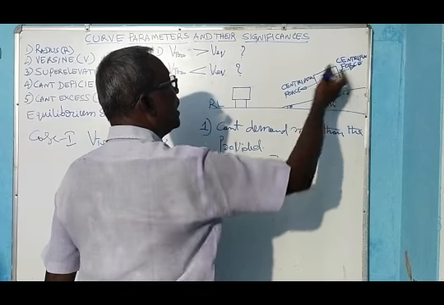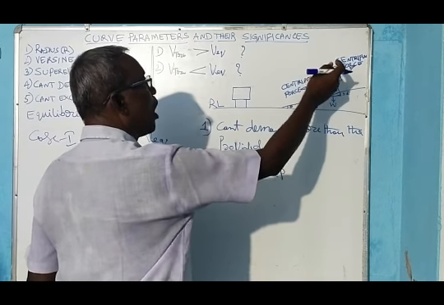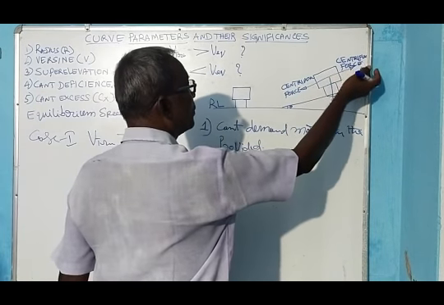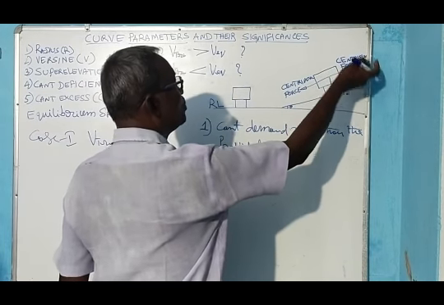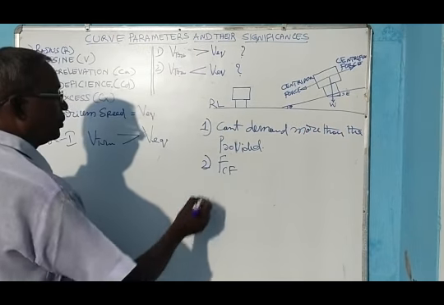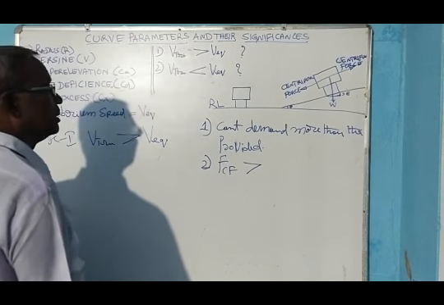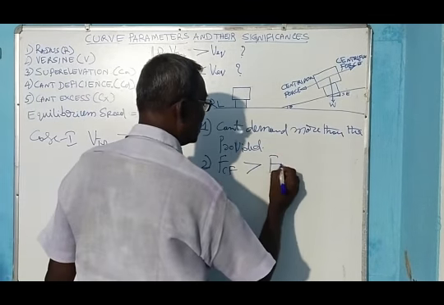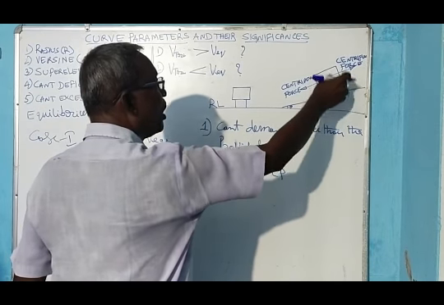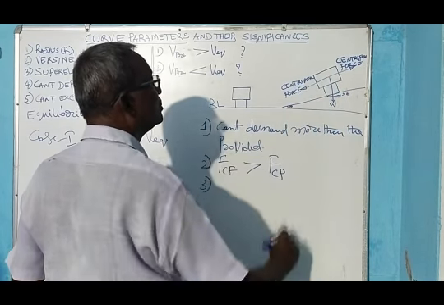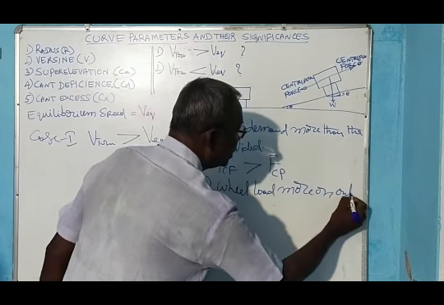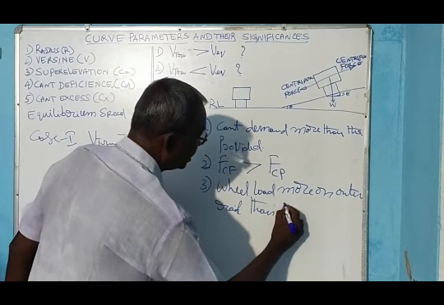Next, lateral forces: the outer force, that is centrifugal force, is more than the inside force, the centripetal force. Number 3, wheel load is more on the outer rail than the inner rail.